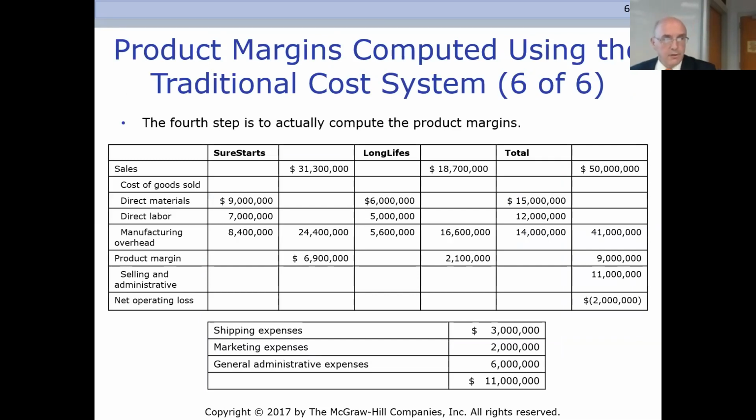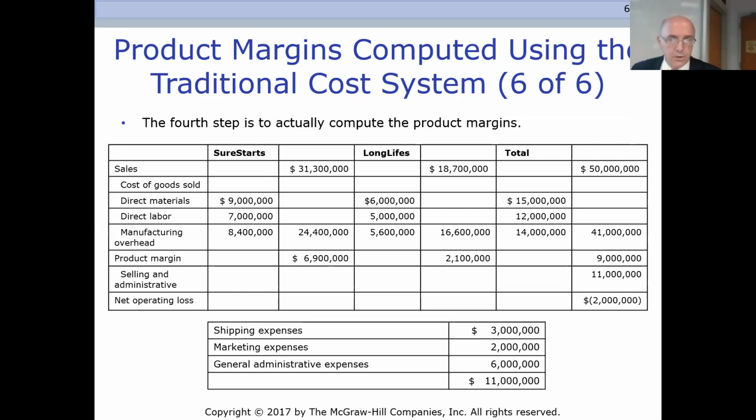Okay, so now the 4th step is to actually compute the product margins. So we're losing $2 million on this, but let's try and break it up a little bit. For Sure Starts, they have the 3 categories, direct material, direct labor, manufacturing overhead, and then a total there. And sales, 31,300,000, and they subtract the overhead items, and they come up with a product margin of 6,900,000 for Sure Starts.